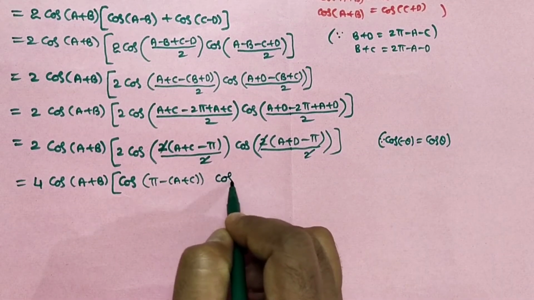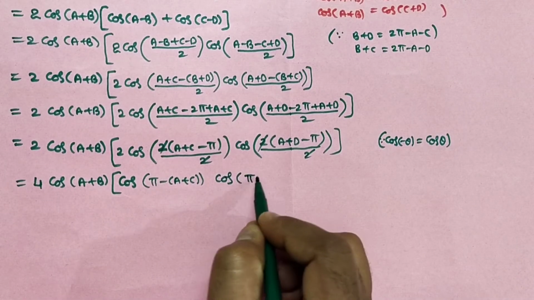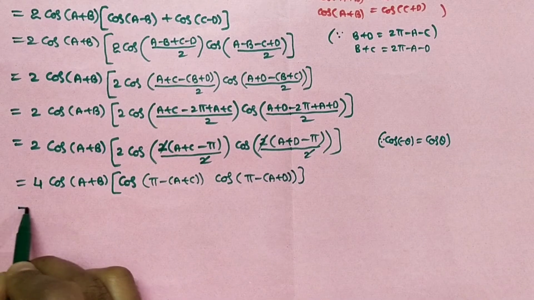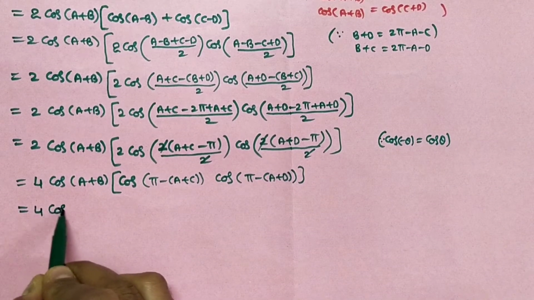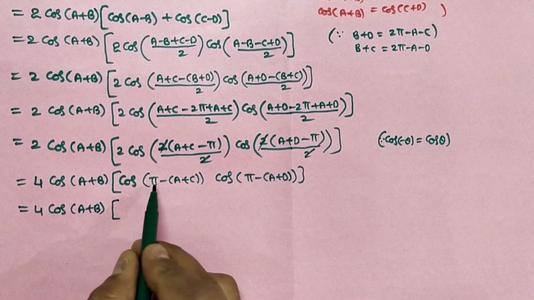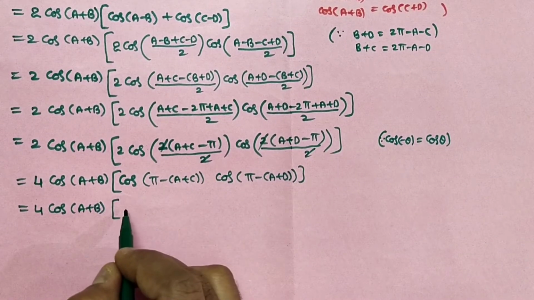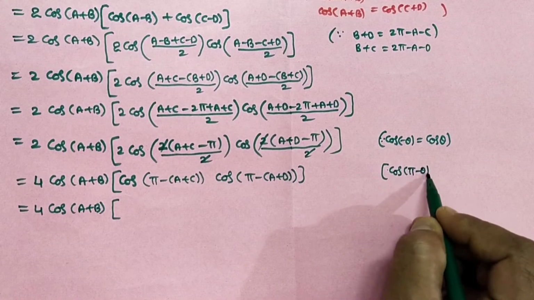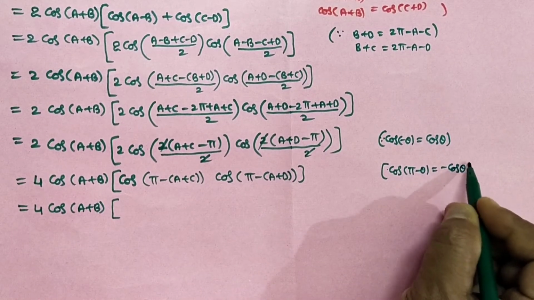So even here also we can write it like this: cos of pi minus (A plus D). So which is equal to 4 into cos of (A plus B). Also remember, cos of pi minus theta equals minus cos theta.